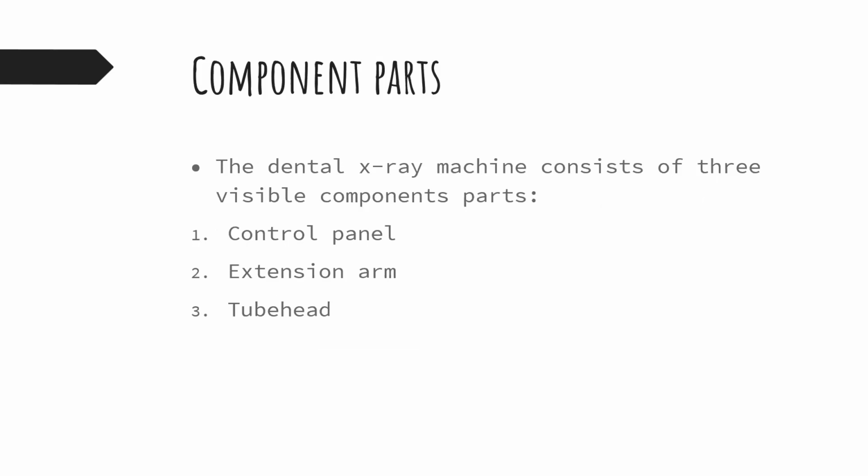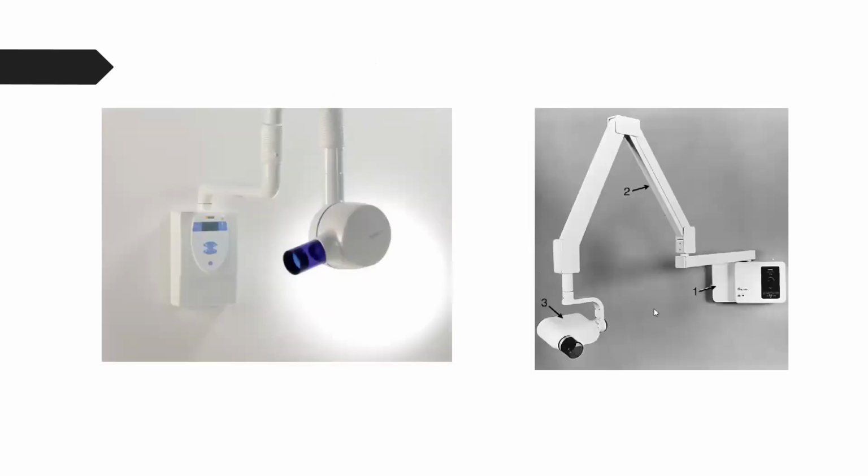The component parts comprise three visible parts: the control panel, the extension arm, and the tube head. We have the control panel here. We have the extension arm, which can also be seen in this older picture. And then we have the tube head, which is the area used to position the machine to the film.